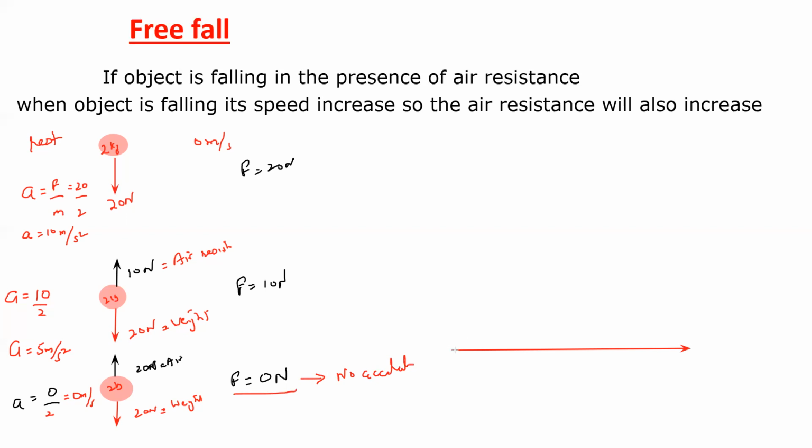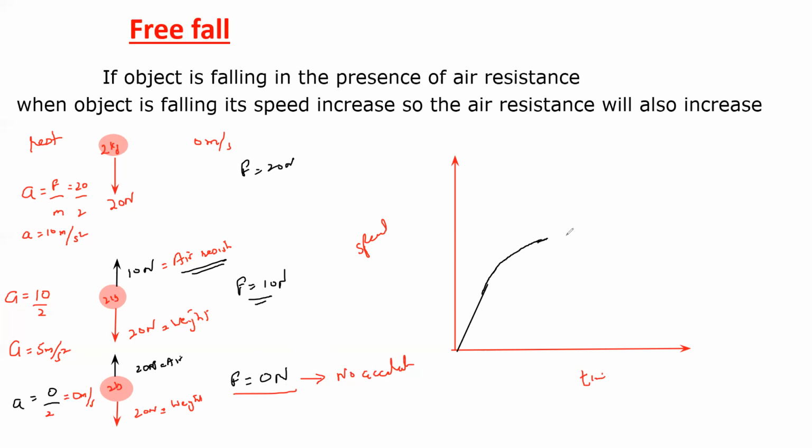So when we sketch a speed-time graph for an object falling with air resistance, initially it is a straight line, meaning constant acceleration, this part. Then because air resistance is increasing, the resultant force is decreasing. That's why the acceleration will decrease. And once the resultant force is 0, it will have no acceleration.